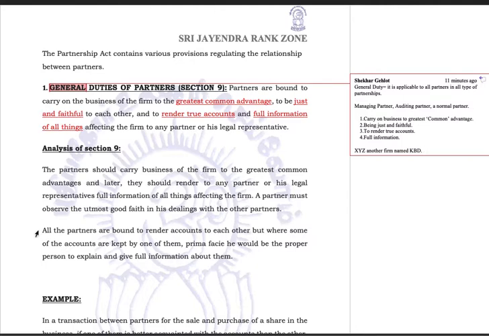All the partners are bound to render accounts to each other, but where some of the accounts are kept by one of them. Now, sometimes it may happen that the partnership has 4 or 5 offices.